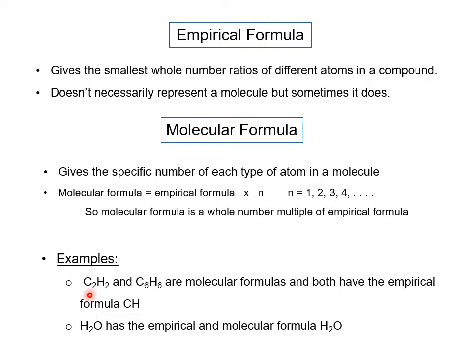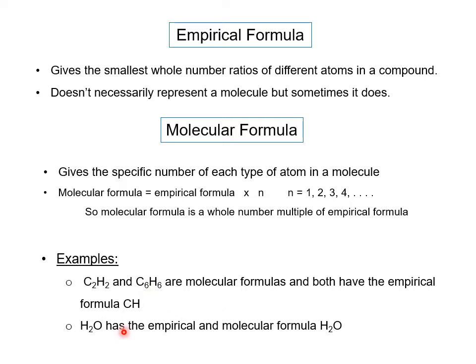So the molecular formulas C2H2 and C6H6 both have the empirical formula CH. Notice that these are molecular formulas because they represent the actual compound. They give the specific number of each type of atom that's present in that compound, whereas the empirical formula is the simplified formula of the molecular formula.